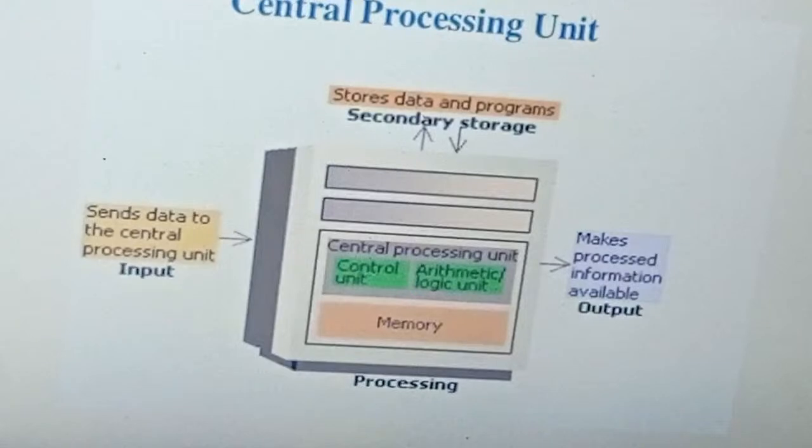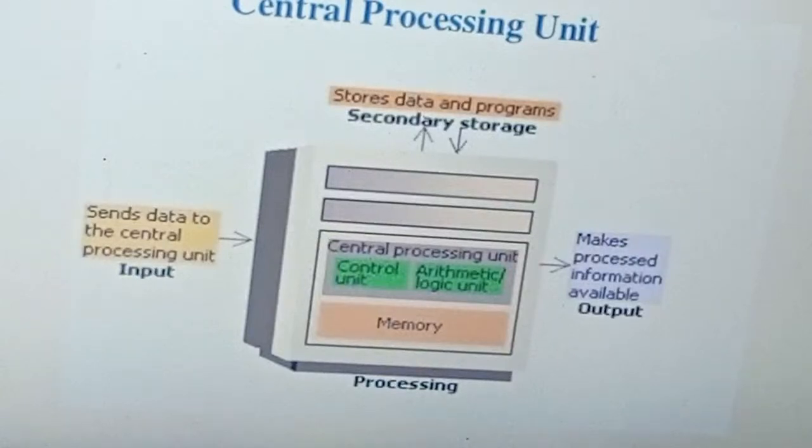This is the component that follows instructions in a program which tells the computer what to do.